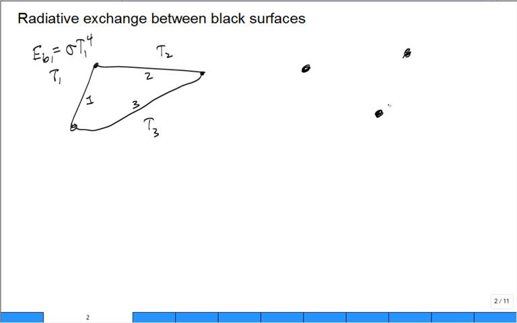Instead of temperatures at the nodes, we have the black body emissive flux at each of the nodes, E_B1, E_B2, and E_B3. So each one of these, just as a reminder, sigma T3 to the 4th or sigma T4 to the 4th.